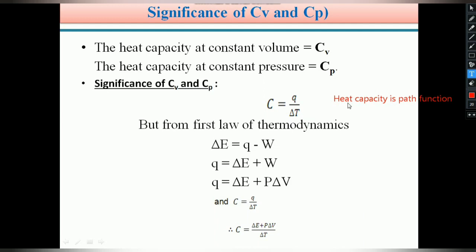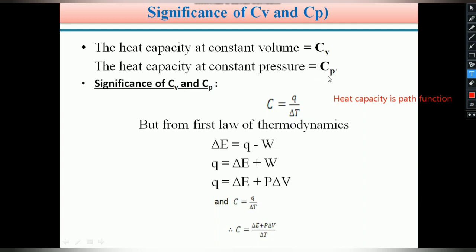In order to calculate the heat capacity of a system, we should take the heat capacity at constant volume and heat capacity at constant pressure, because it is a path function. Let us assume that heat capacity at constant volume is CV, capital C with subscript V, and at constant pressure CP.